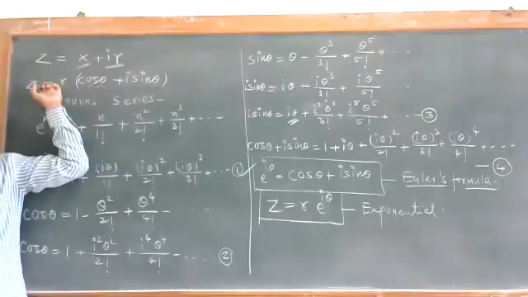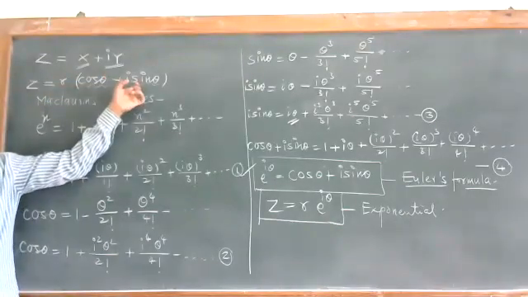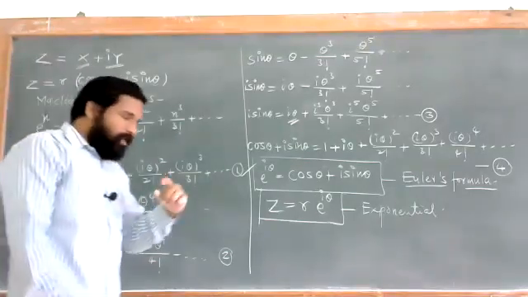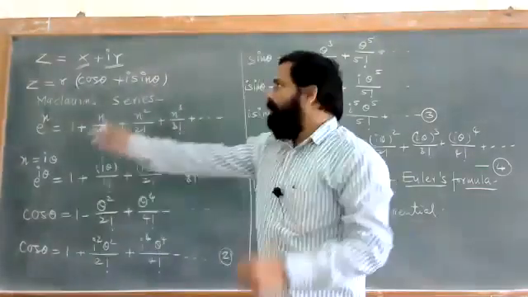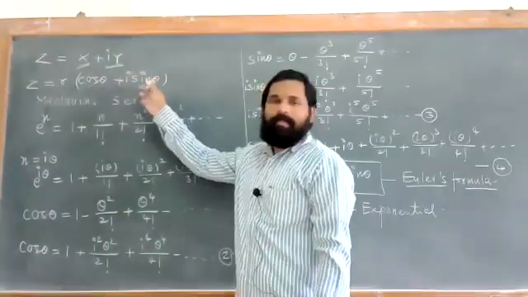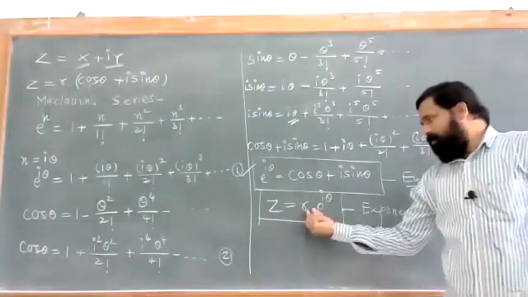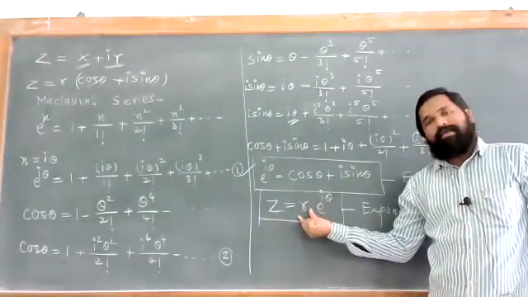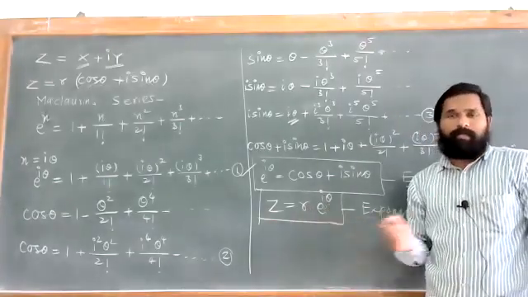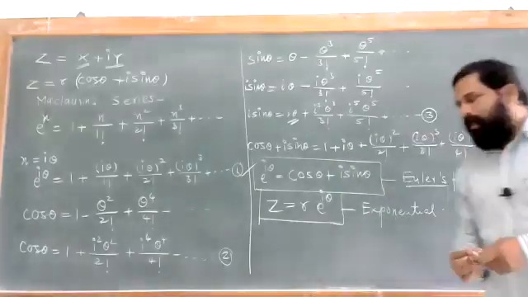Look at this second thing. Z is equal to r cos of theta plus i sin of theta. So r cos of theta is the first condition, which is known as the real part, and the second part, i into r sin of theta, is nothing but imaginary part. What about this? In this case, this r is known as the real part and e raised to i theta is known as imaginary part.